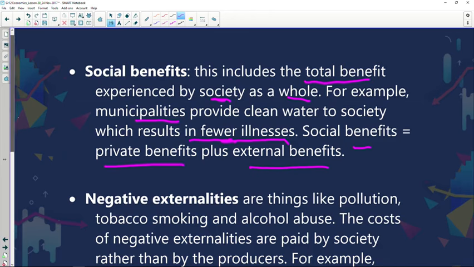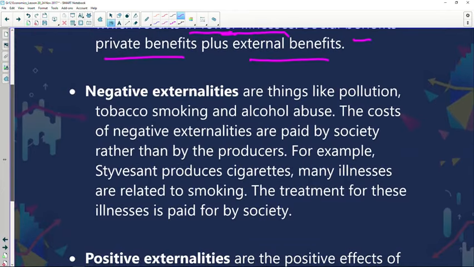Just understand that it's so important because later on when we look at the cost-benefit analysis, your CBA, it will be important that we bring in the different costs that are considered when we are looking at market failure. So the private costs and your social costs will play an important role when we do cost-benefit analysis.